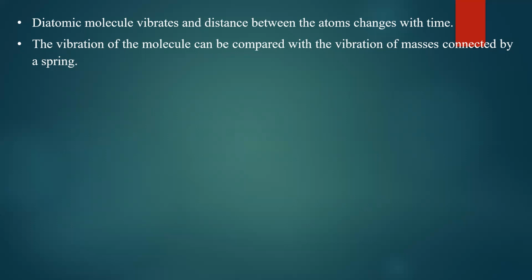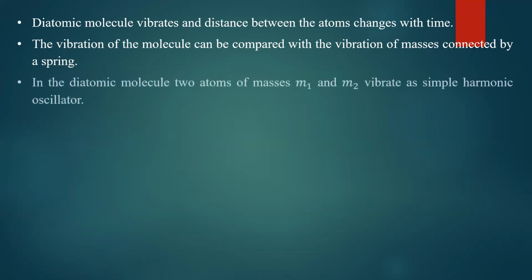You assume two masses connected by a spring. If you disturb one of the masses, definitely that mass is going to vibrate because of the vibration of the spring. You can define a force constant for the spring, and the conversion of kinetic energy to potential energy and potential energy to kinetic energy is going to take place.